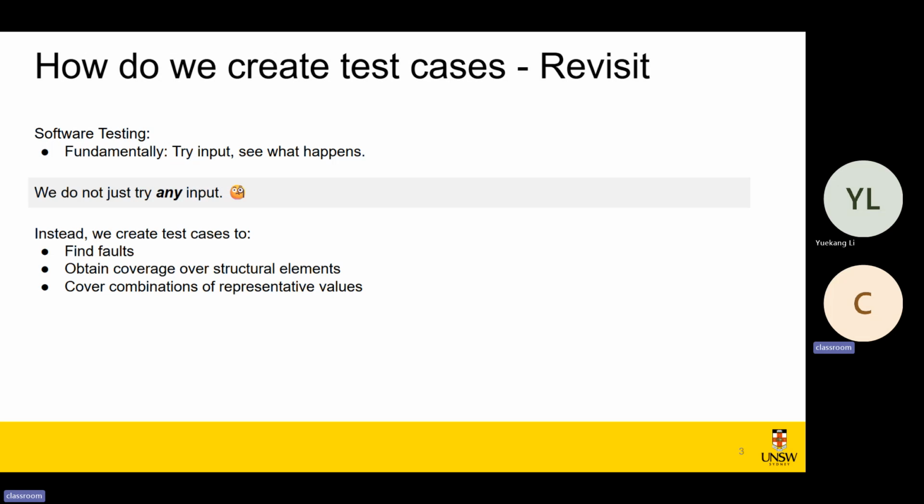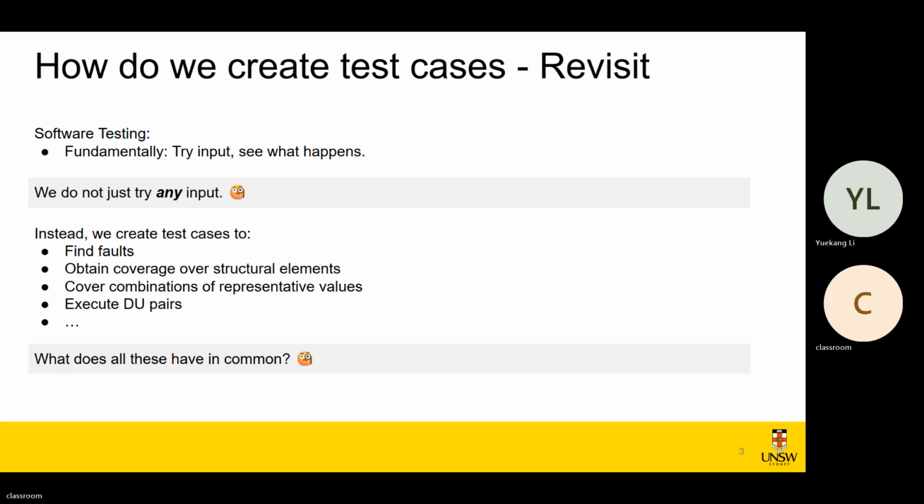This is related to how we create test cases for equivalence class testing or combinatorial testing. Or if we use data flow information, we may want to execute all the def-use pairs. So we have different purposes here instead of generating the inputs randomly without any purpose.